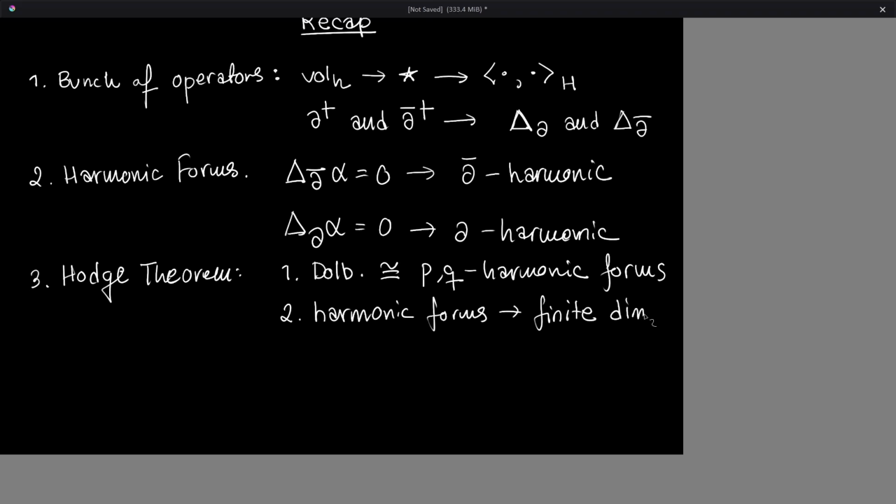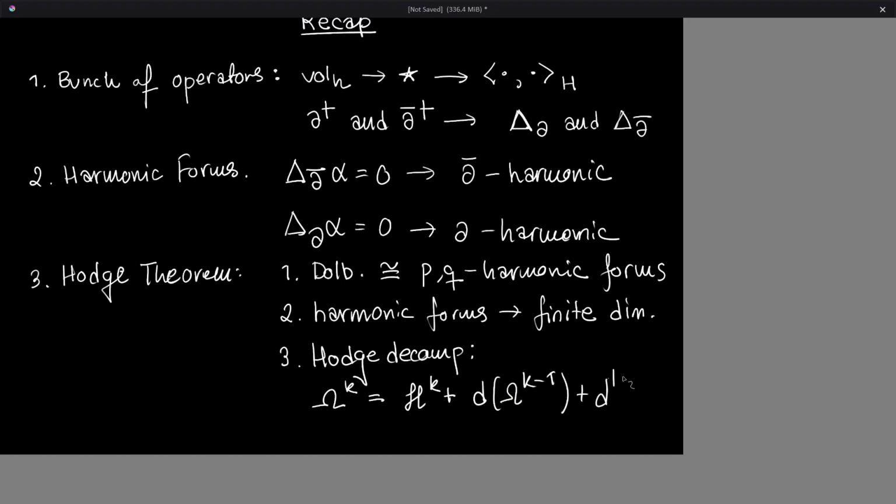And number three, we found the Hodge decomposition, that Omega K is equal to H K plus d of Omega K minus 1 plus, and I'm being very cursory here, just to get the point across. So this is our Hodge decomposition without Kähler manifolds.